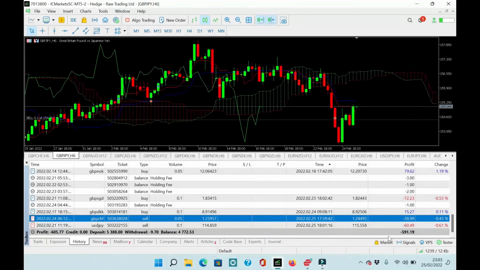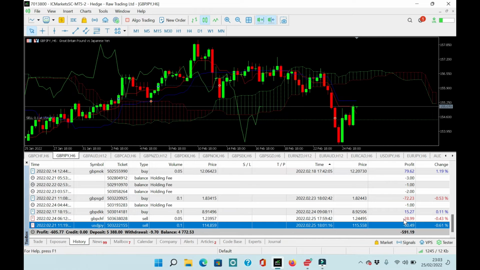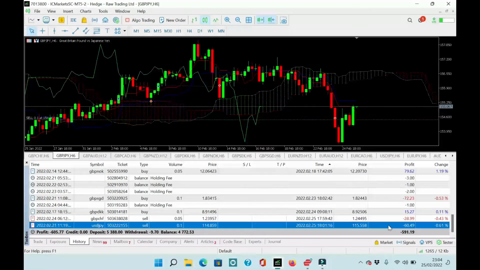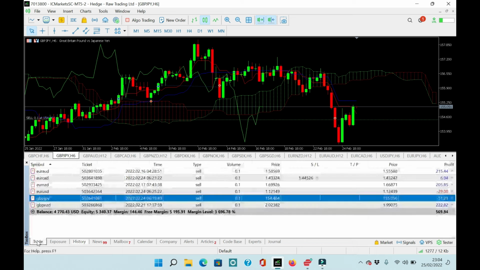So basically, the two positions that I closed are minus. This is today, the 25th, minus. So in general, it is 60 plus 30, around minus 90.